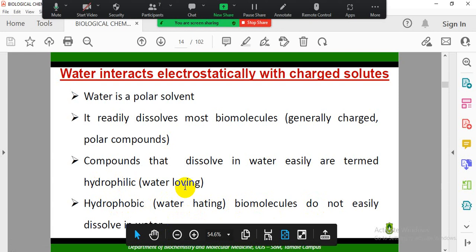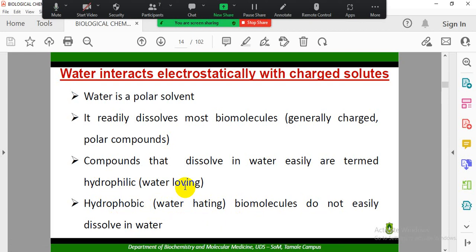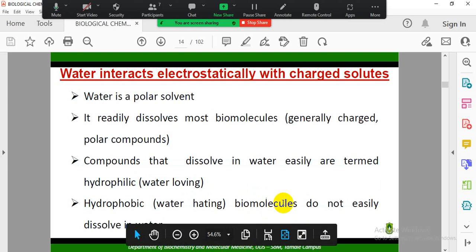An example of a water-hating biomolecule is oil. Oil hates water, so when you put oil in water, there will be formation of an emulsion, because water hates oil. They don't mix together.